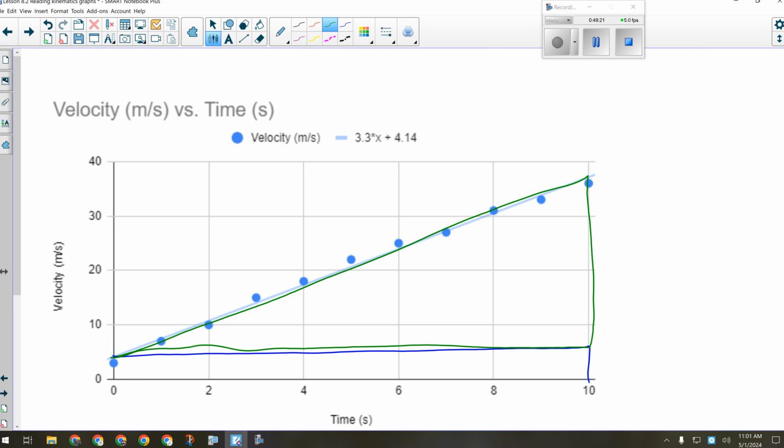Remembering that, of course, the area is taking the average velocity and multiplying by the time. So what's the average velocity I'm going to use for the blue rectangle? What's the height of that rectangle? 4.14 meters per second, right?